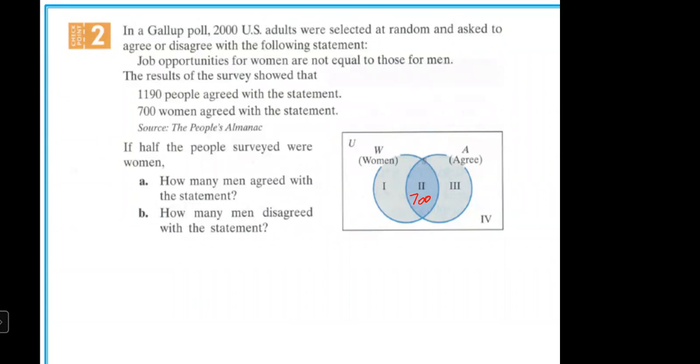First, we need to know how many women were involved in this survey. How many women were involved in the survey, Ms. La Rochelle? It only says 700 women agreed. It didn't say how many women there were in total.